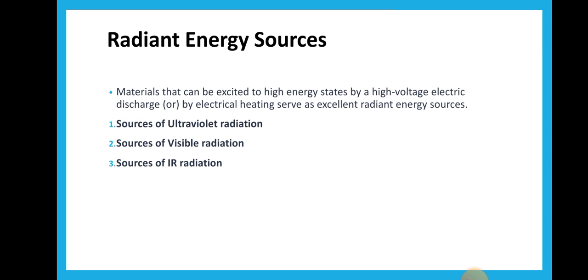Source of visible radiation: the tungsten lamp is the most commonly used source for visible radiation. Source of IR radiation.